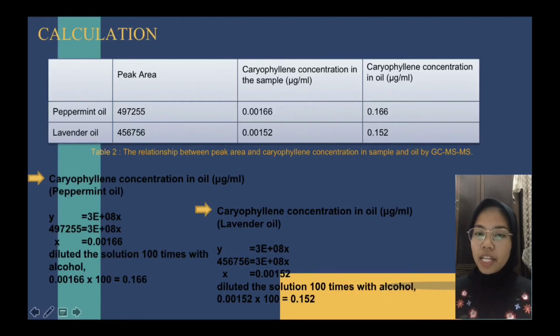We divide, and then we get the value of x, which is 0.00152. Since we diluted the solution 100 times with alcohol, we need to multiply the value of x by 100, so we will get 0.152, and 0.152 is the caryophyllene concentration in oil for lavender oil.